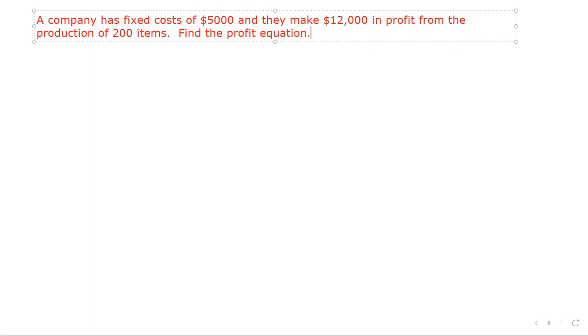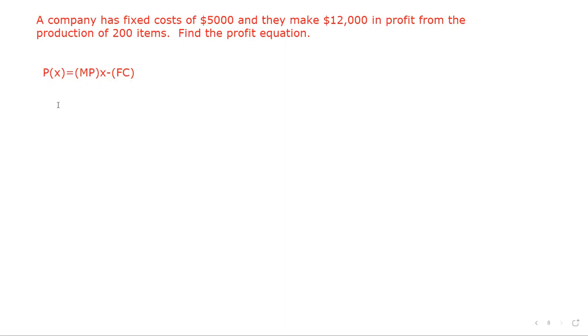So profit is gonna be the marginal profit times X minus fixed costs. We know what our fixed cost is.